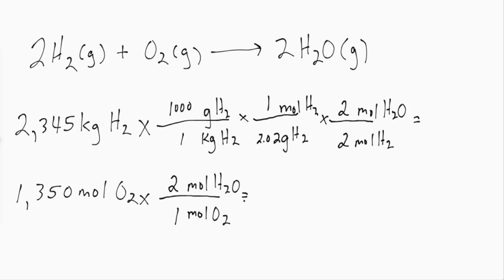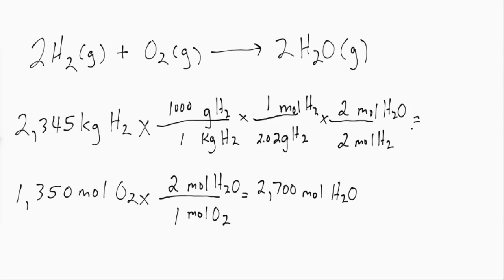We're done with that one. So let's see, that's 2,700 moles of H2O. That's the amount of product that we can make with this amount of moles of O2, or this amount of cheese, if you will.